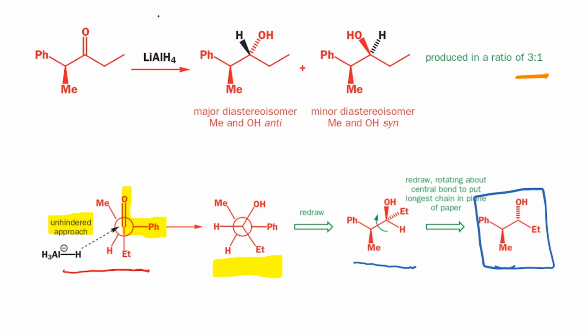Okay, now as I mentioned here, this is called the Felkin-Anh model. There are other models which are developed completely based on observation. That is, you get this ratio of major to minor, and you can develop a model which doesn't have a clear logic to it, but still accounts for the formation of the product.